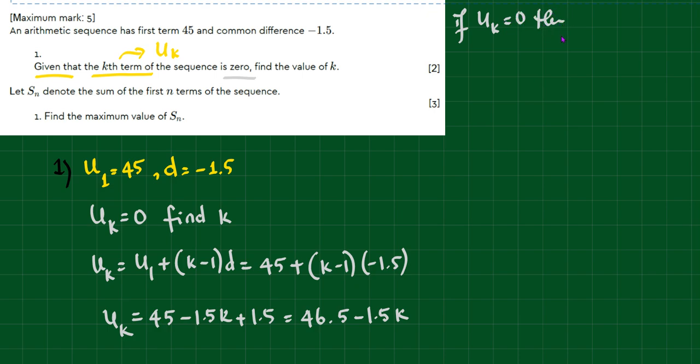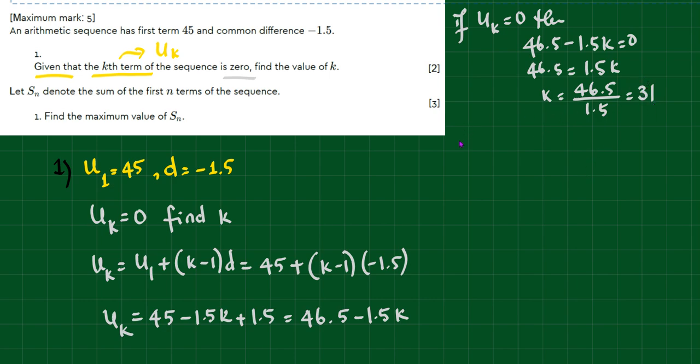Then 46.5 minus 1.5k equal to 0, which is 46.5 equal to 1.5k, so k equal to 46.5 over 1.5, which is equal to 31. Yeah, that's it.